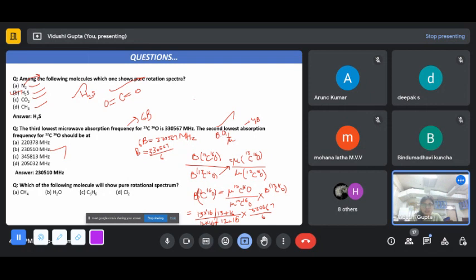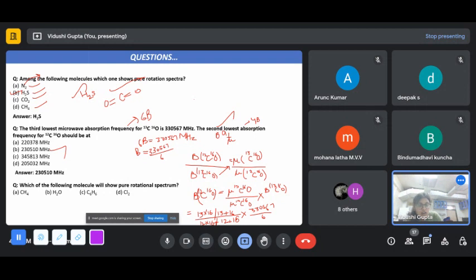So for B, for the carbon 12 isotope divided by 13 will be, as it is inverse, 13C divided by 12C. From the third lowest for the 13C was given. From here you calculate the value of B. Now substitute the value of B and reduced mass, then you will get the value here. Is it clear?